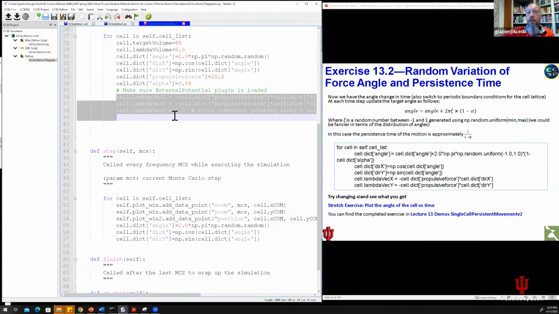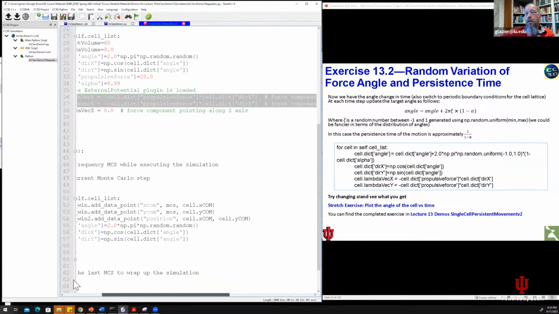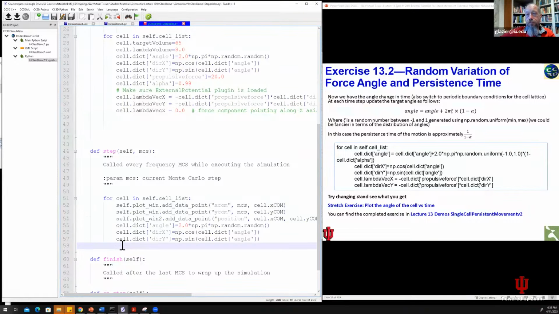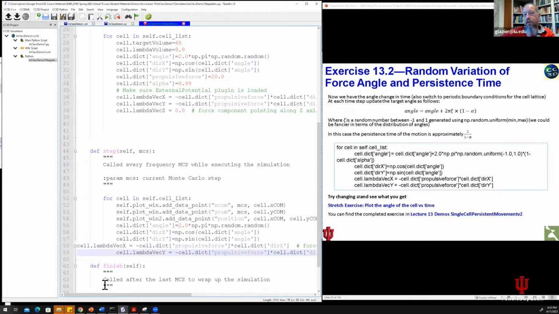And then I'm going to copy lines 36 and 37 and put them here. And I have to get my indentation right. The one thing that I'm going to have to do is change the angle.